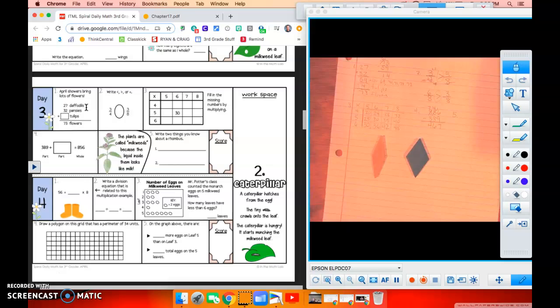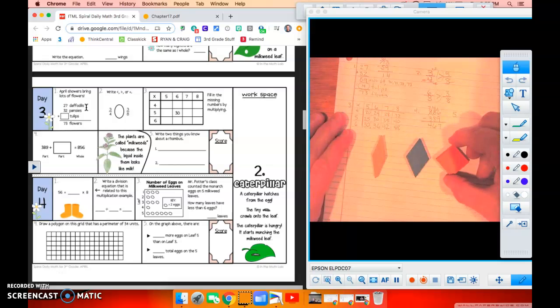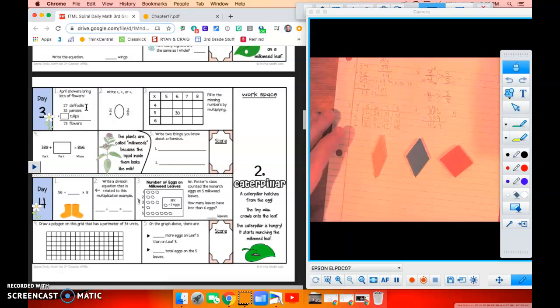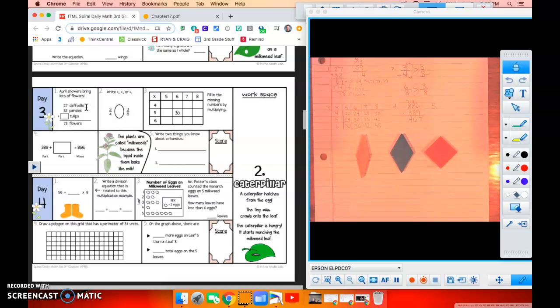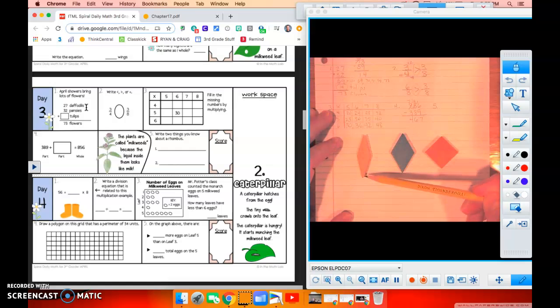Now, if I squeeze it down just a little bit more, I squeezed that one a lot, didn't I? This could also be thought of as a rhombus, right? Are all 4 sides the same length? Are these 2 angles the same? And are these 2 angles the same?